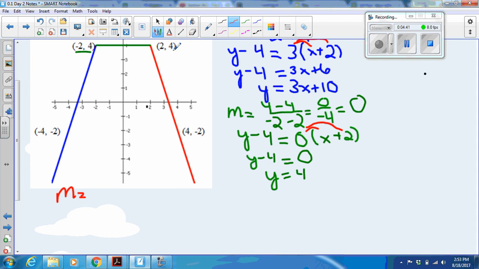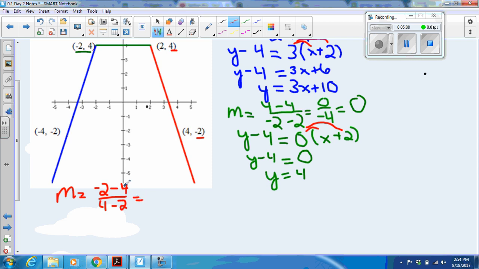Remember, it does not matter which y value you use first. I'm going to use negative 2 first. You could have used 4 first if you wanted to. Now, it does matter which x value you use first. The 4, which is associated with the negative 2, goes first, and then we subtract from it our 2.